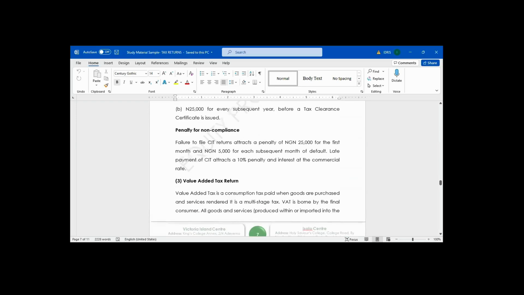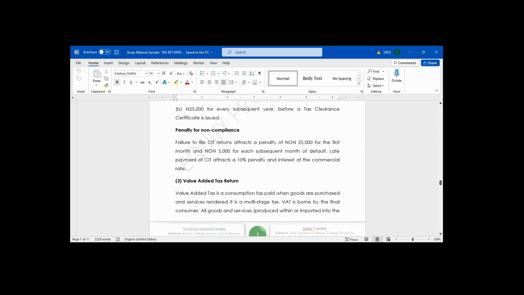What is the penalty for non-filing of company income tax return? Failure to file company income tax return is going to attract a penalty of 25,000 for the first month. 25,000 for what? For the first month.